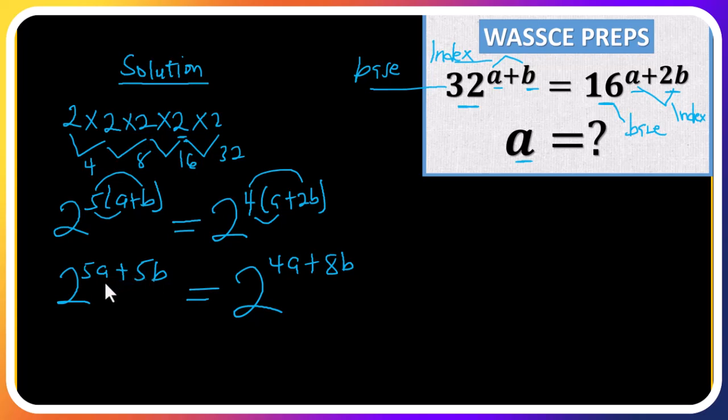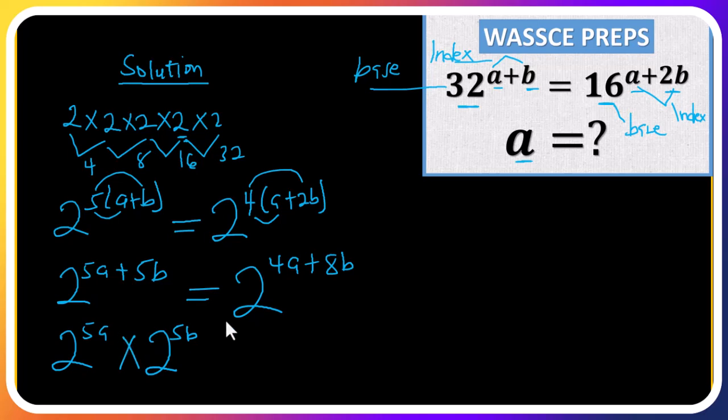So this is the simplified exponential equation, and we are to solve for a. Looking at the left hand side, we have 2 raised to the power 5a plus 5b, and this could be expanded this way: 2 raised to the power 5a times 2 raised to the power 5b.